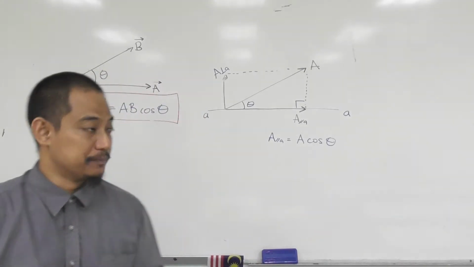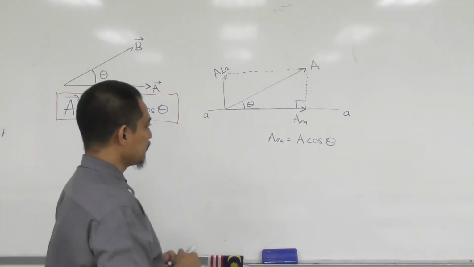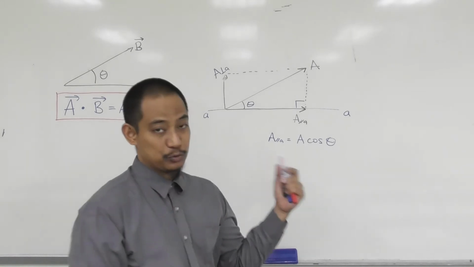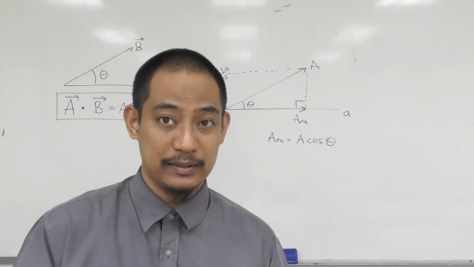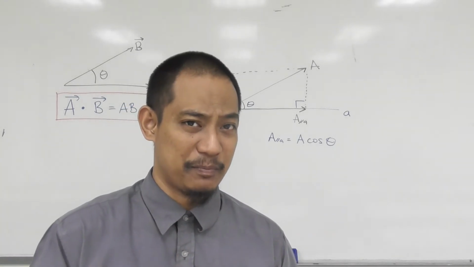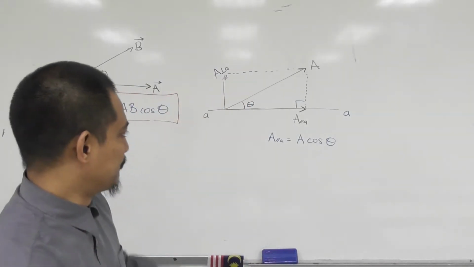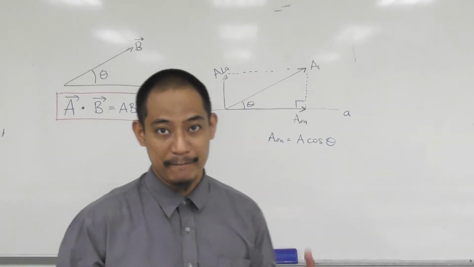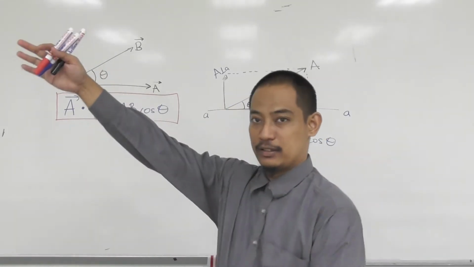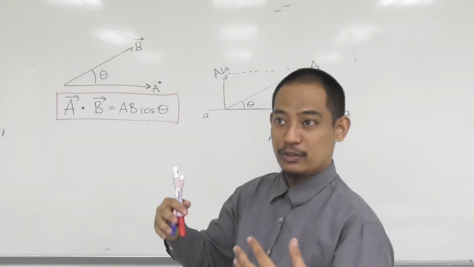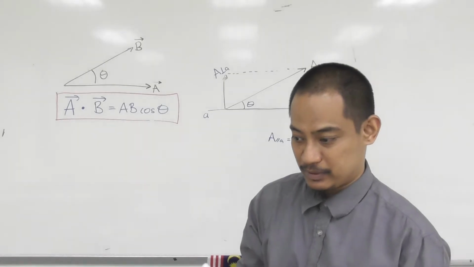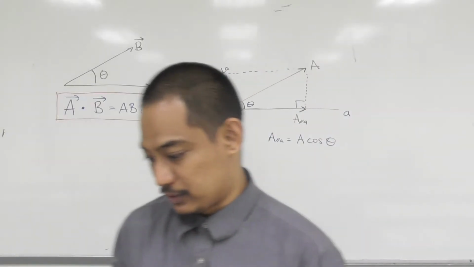Now, that is in 2D. It's simple enough. But in 3D, it can be complicated, especially if you do not know theta. So if you have any force and any axis here, what is the projection? So there must be a better way. There must be an easier way to calculate.